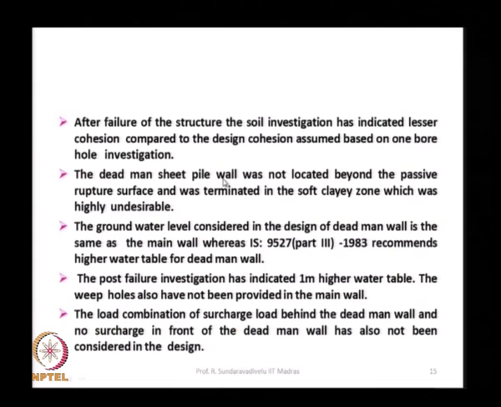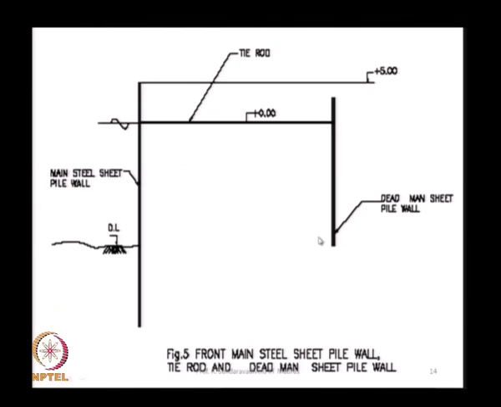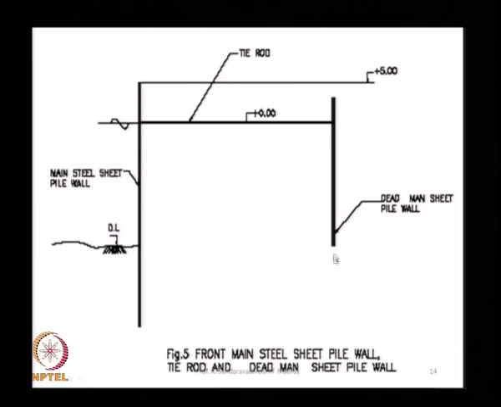The dead man sheet pile was not located beyond the passive rupture surface and was terminated in soft clay zone, which was highly undesirable. When you locate this dead man wall, it is not only the depth of embedment of the dead man wall, it is also where the tip is, where the bottom level is. The bottom level should be in either rock or in sand.